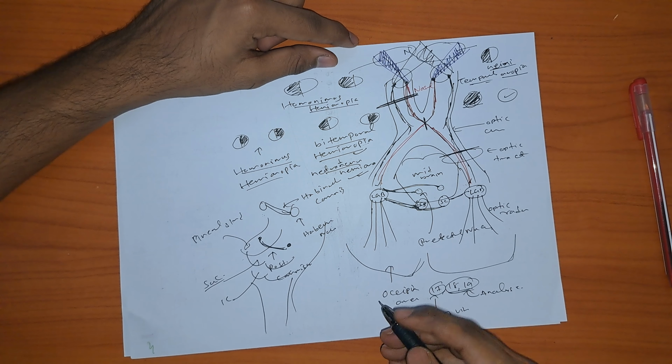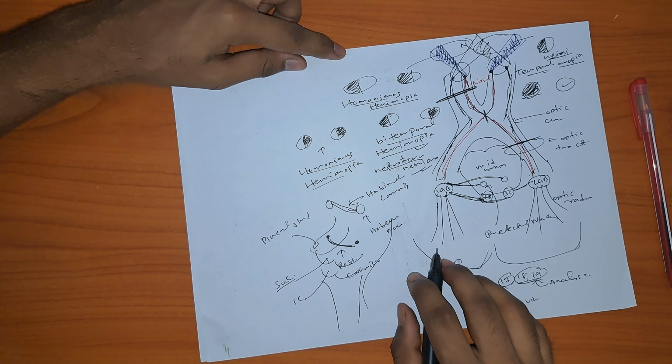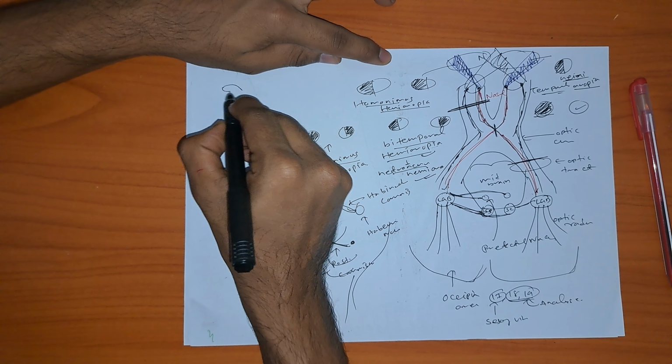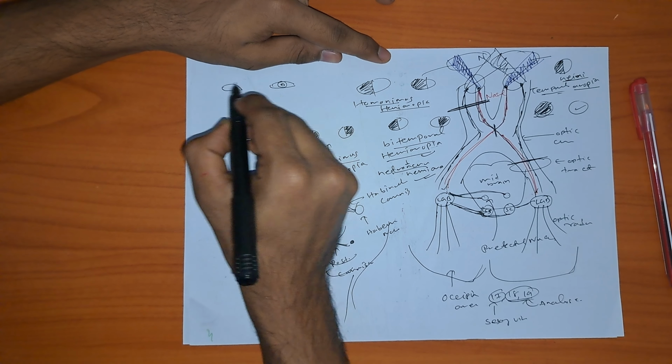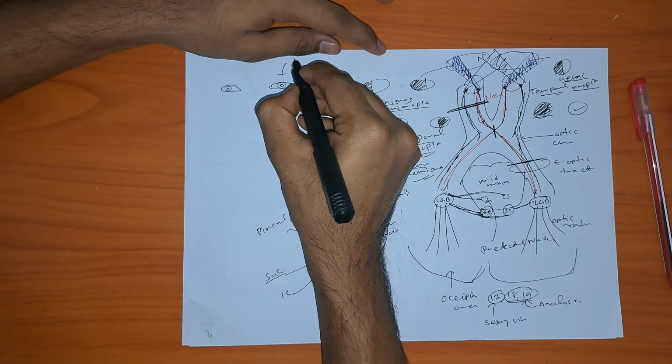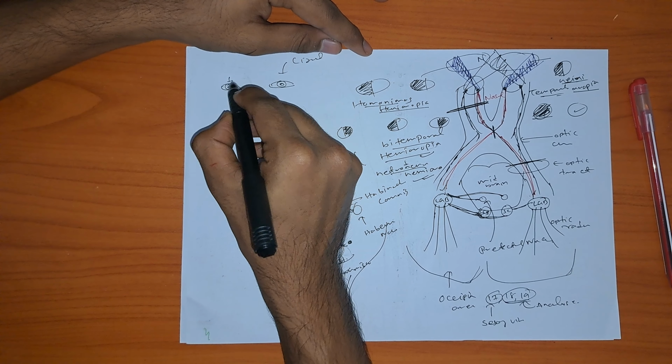So like this, now we'll talk about the light reflex. Suppose these are our two eyes like this. Here I put light here. This will also constrict.